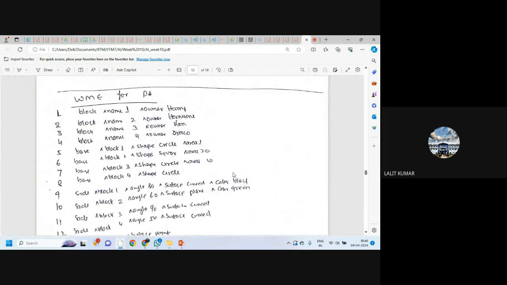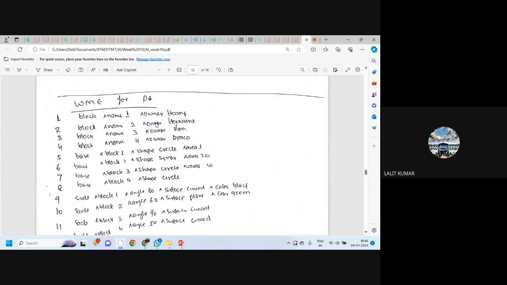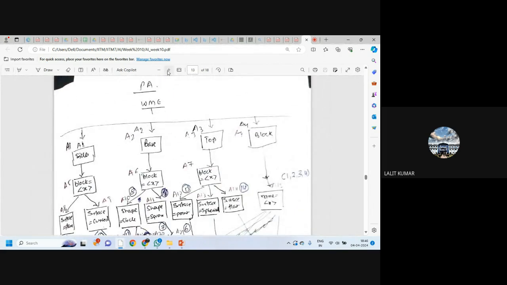Now we have to pick WME one by one, and see where this WME will fit in the net. For example, WME 124, it is the block, meaning class name, attribute name, value is 1, second attribute is owner, name is Harry. So we come to this tree.